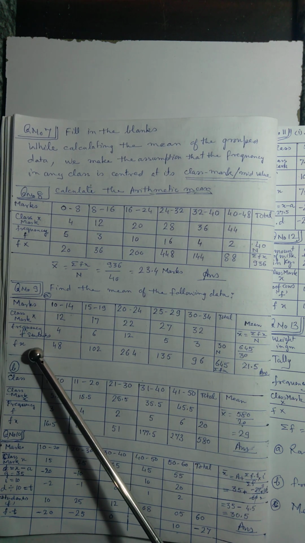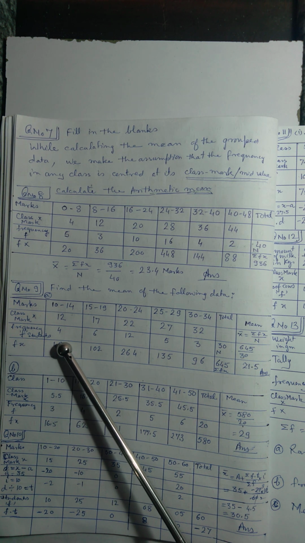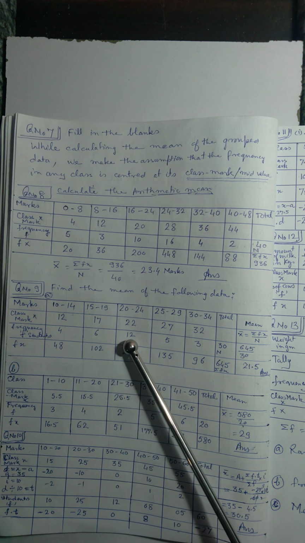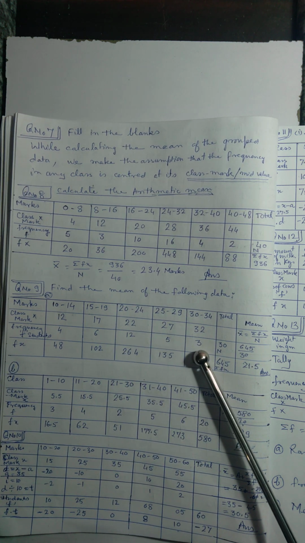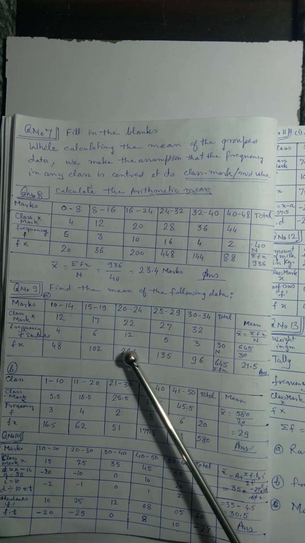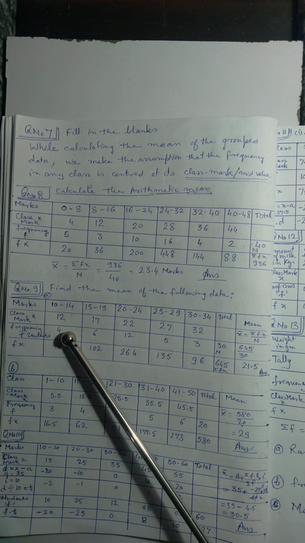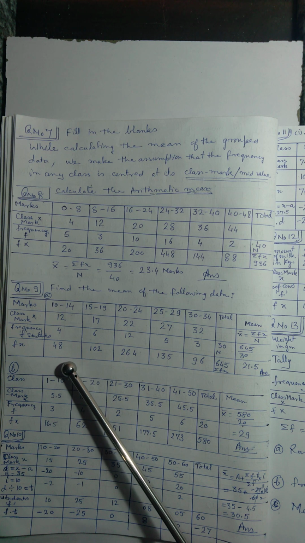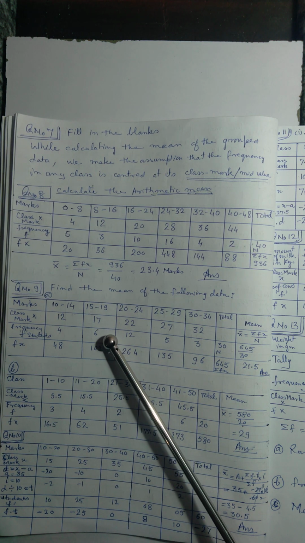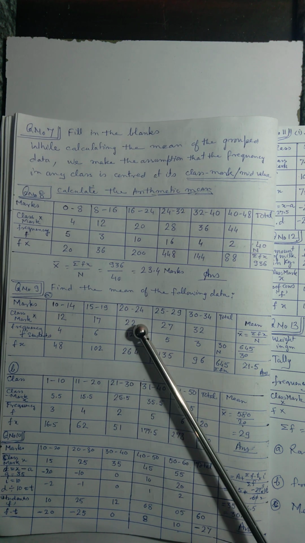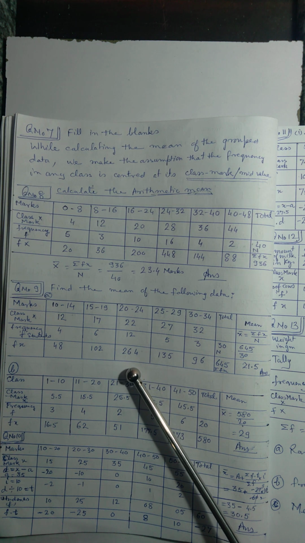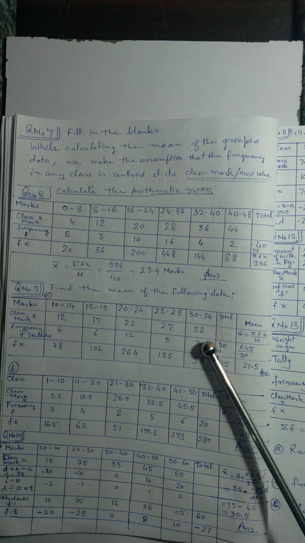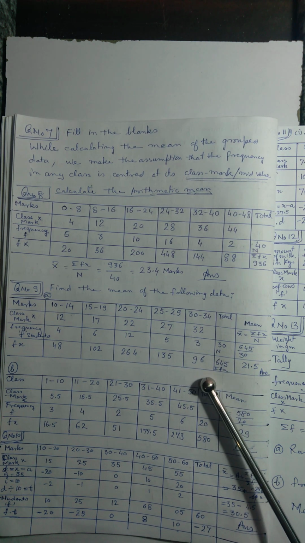Now the frequency f, that is the corresponding frequency of the classes: 4, 6, 12, 5, 3, and the total is 30. Now 12 into 4, 48. 17 into 6, that is 102. 22 into 12, that is 264. 27 into 5, that is 135. 32 into 3, that is 96.